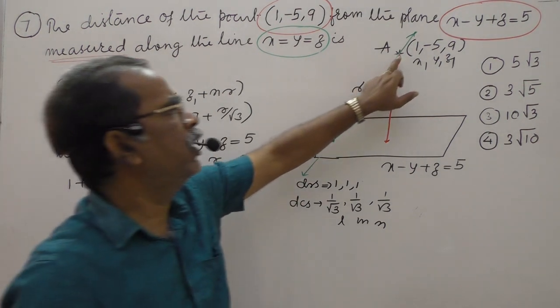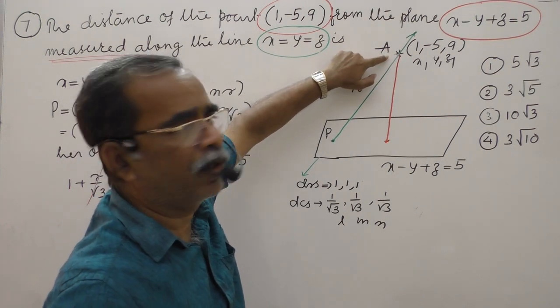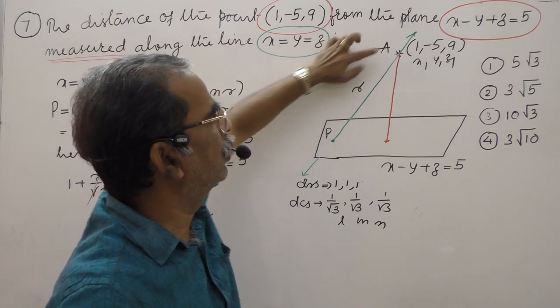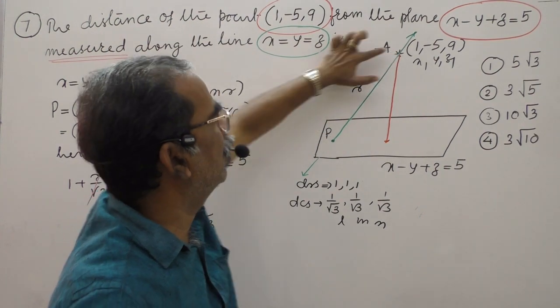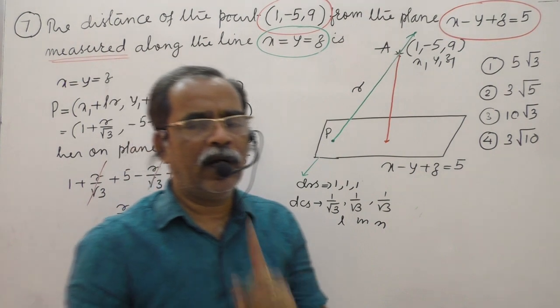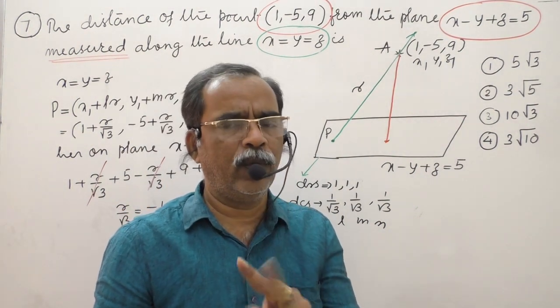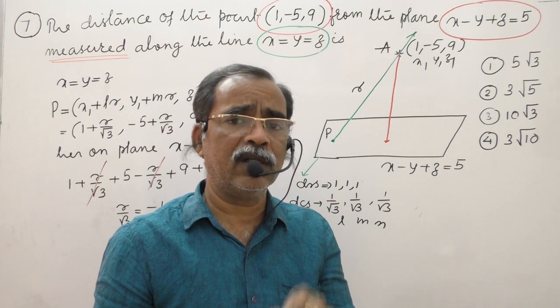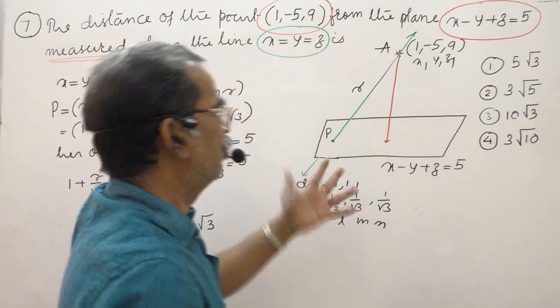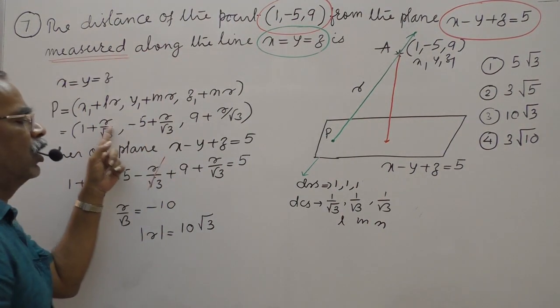So we are finding a point at a distance of r from A. On this line, the point can be here or it can be here. If a line is given and a point on the line is given, then there exist two points on the same line at the same distance. So we don't know whether this point which we have taken here is on this side or that side.